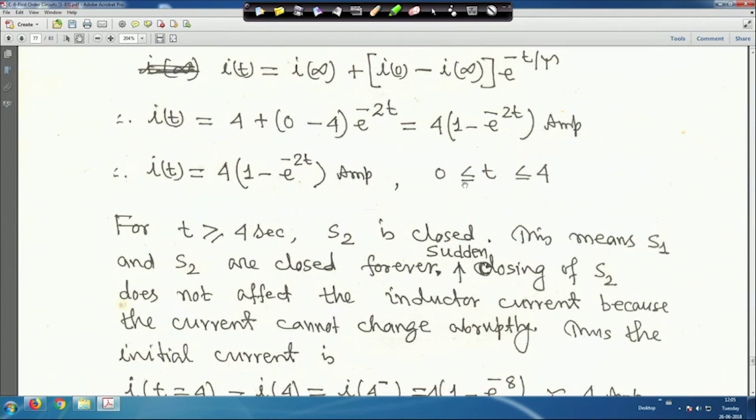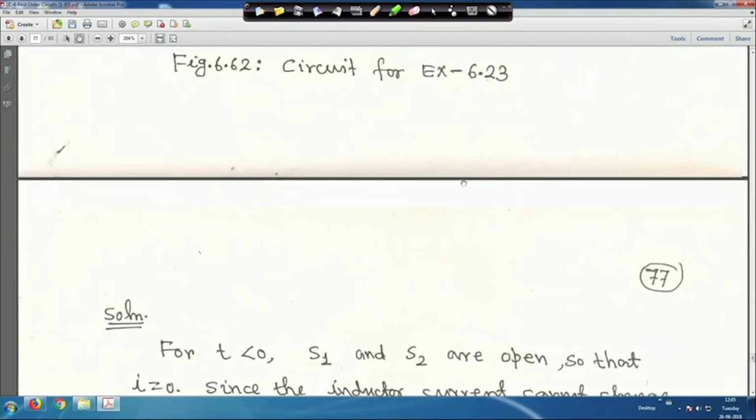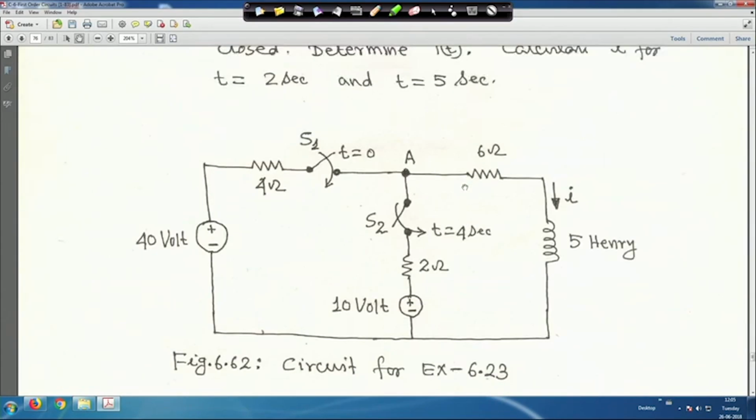Now, for t greater than 4 second, this is closed, and this is also closed. That means, we will assume these two switches are closed forever, right. So, at t is equal to 4 second, this is closed, these two switches are closed forever, right.